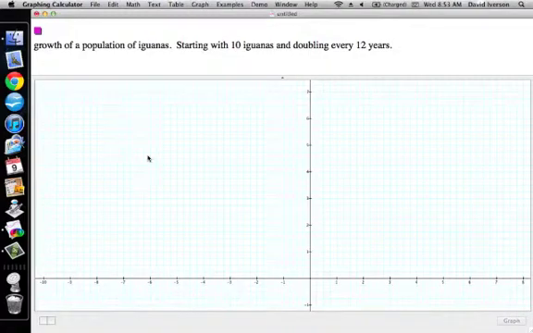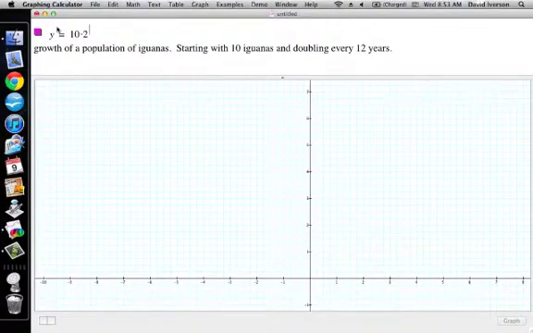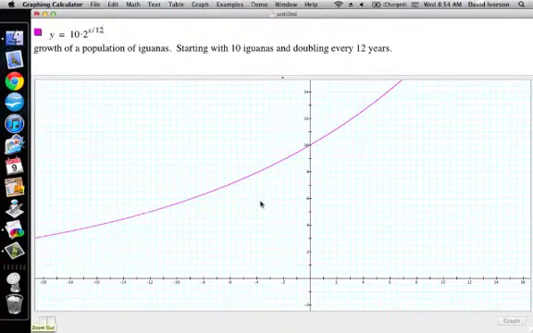Okay, so I'm going to start with 10 iguanas. That's my A. And then we're going to double every 12 years. So x is going to be my years, and we're going to divide by 12. So when x equals 12, then we've doubled. When x equals 24, we've quadrupled, etcetera. And then I back out a little bit so I can see, and I start off with my 10 iguanas.